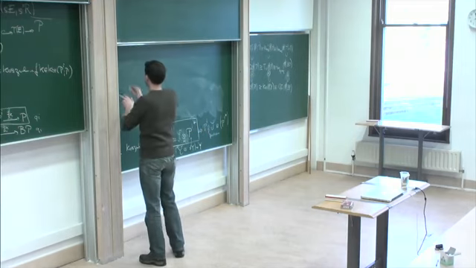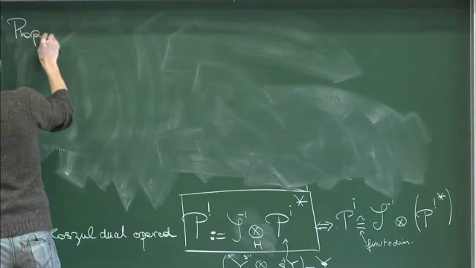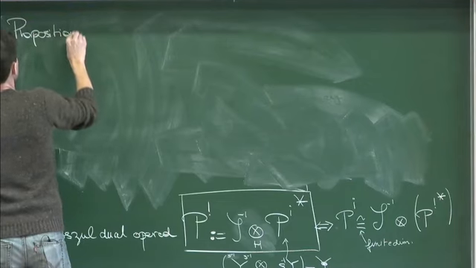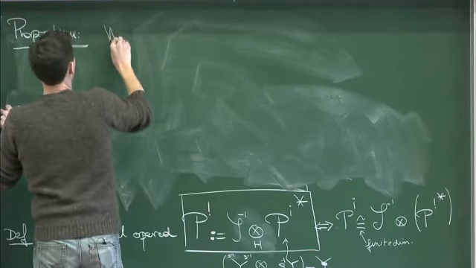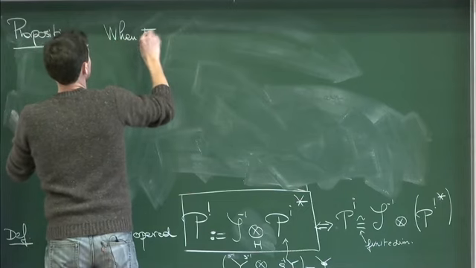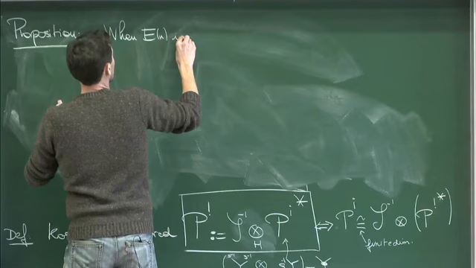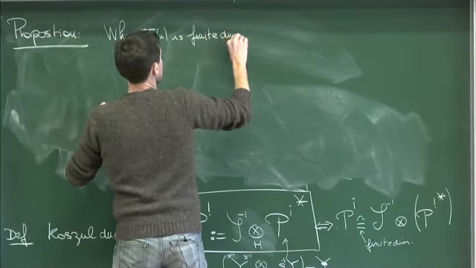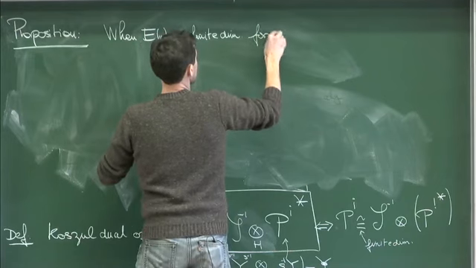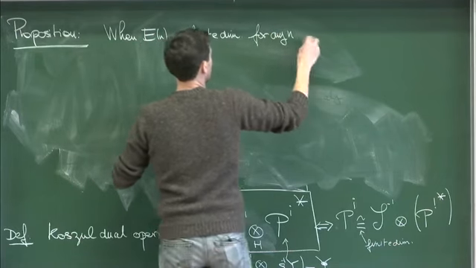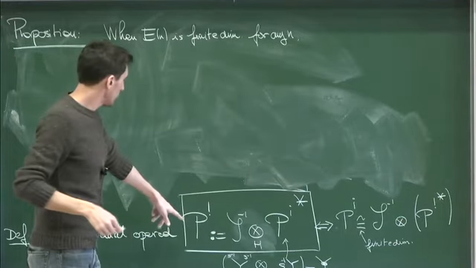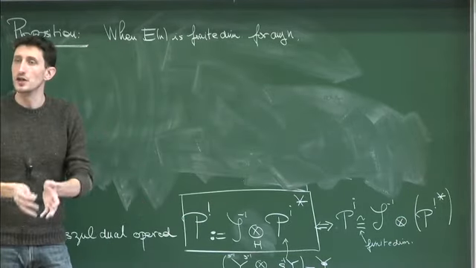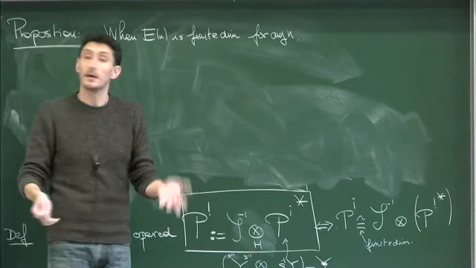Proposition: when E of n is finite dimensional for any n. That's exactly the same assumption I had last time. The generators of my algebra should be finite dimensional.